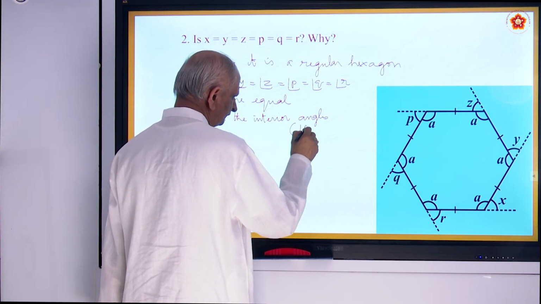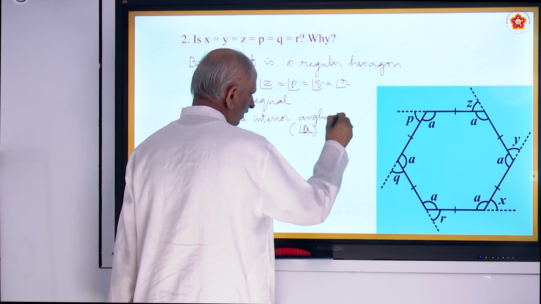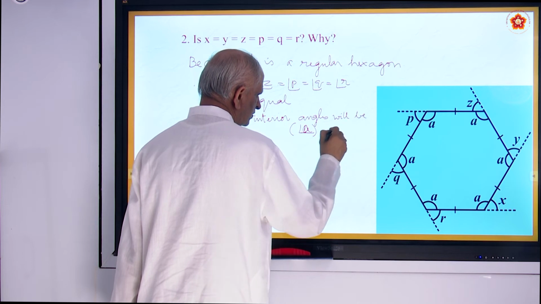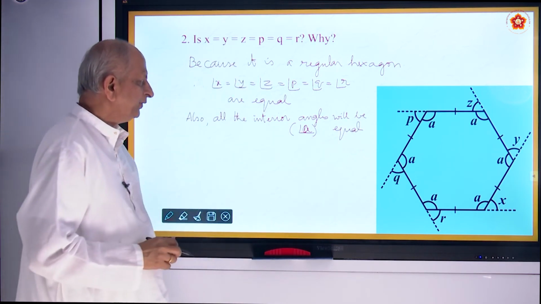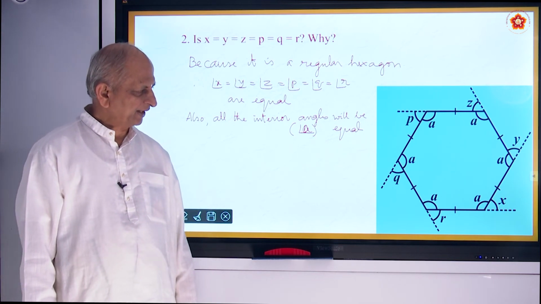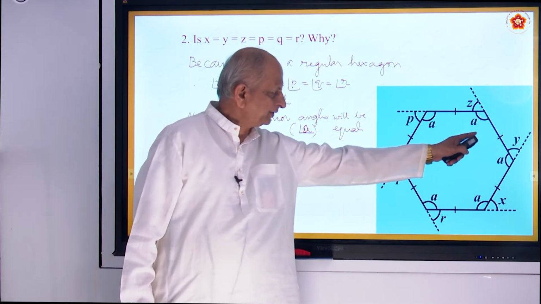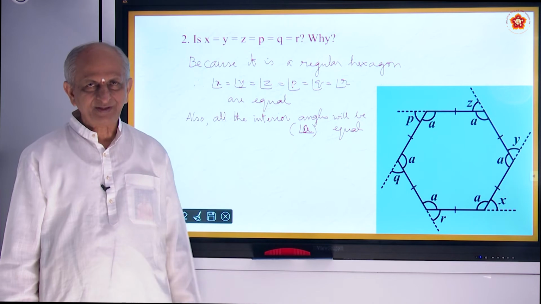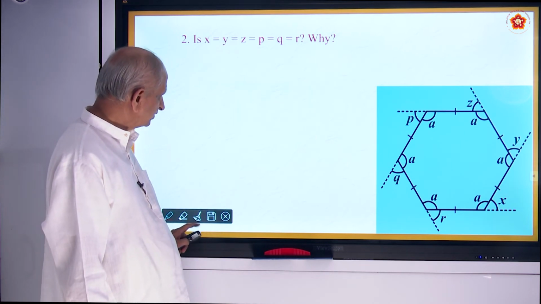Angle A will be equal to 120 degrees. Okay, that is the answer for that. They have marked it here. So that is what the tick mark reference means, they are equal. It's a very simple question, a 1 mark question.